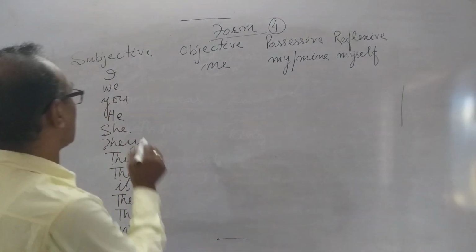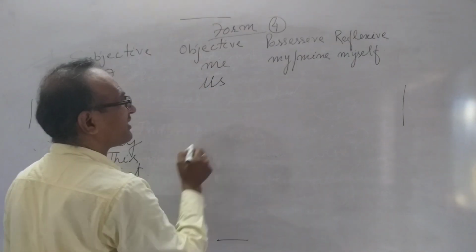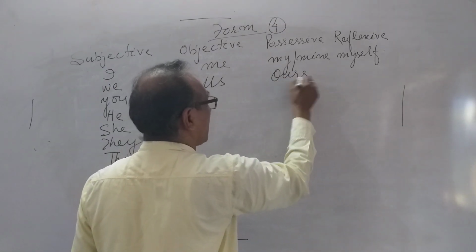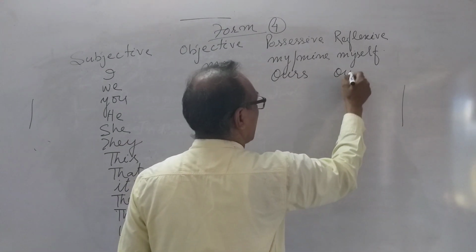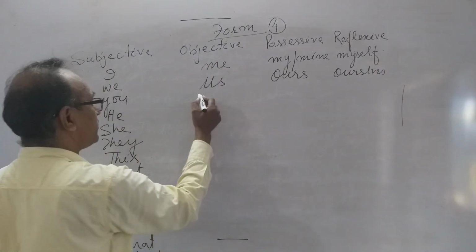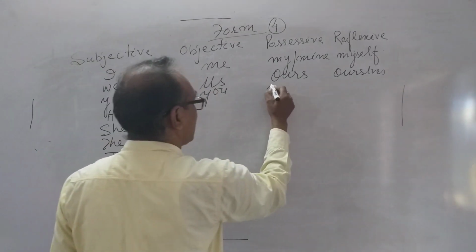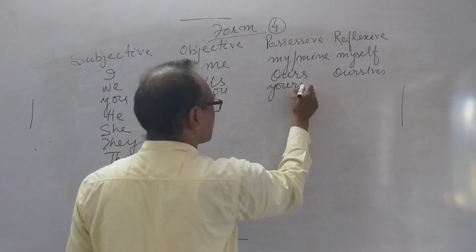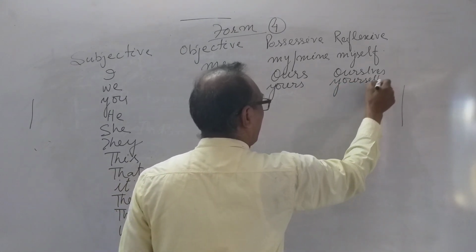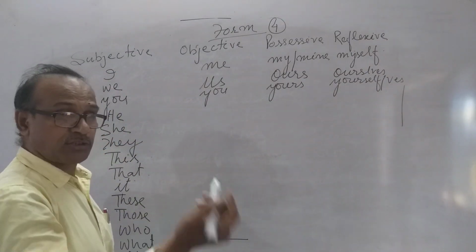Anyway. For we, the objective is us, the possessive is ours, and the reflexive is ourselves. For you, the objective is you, the possessive is yours, and the reflexive is yourself or yourselves, because you is both plural and singular.